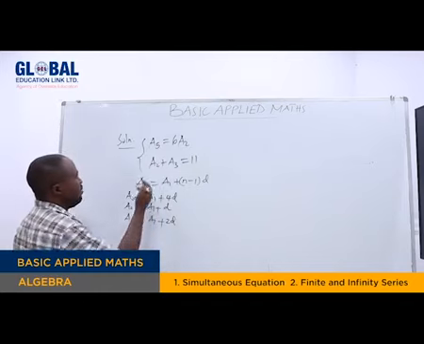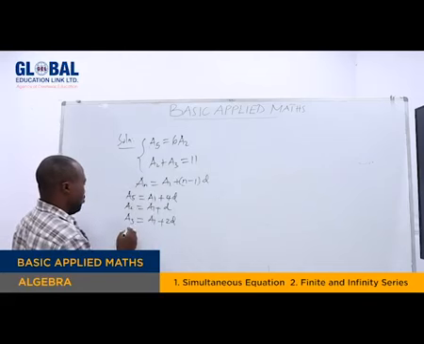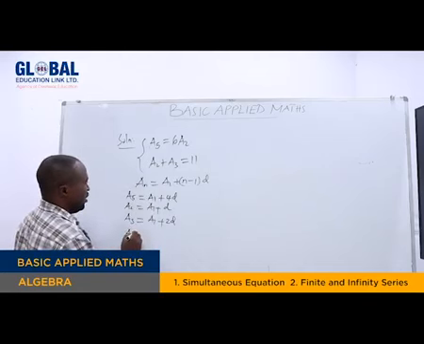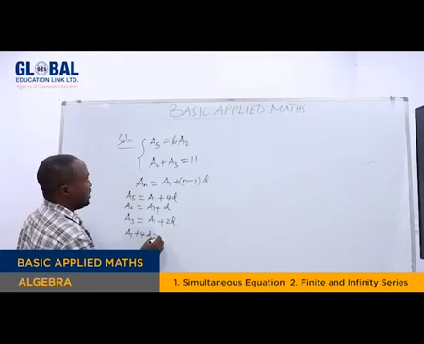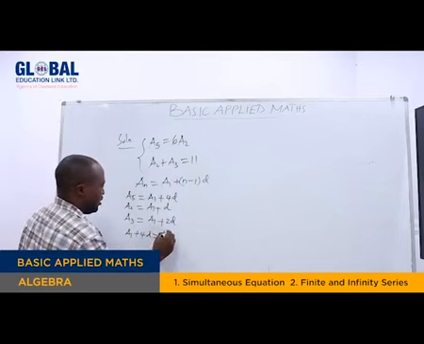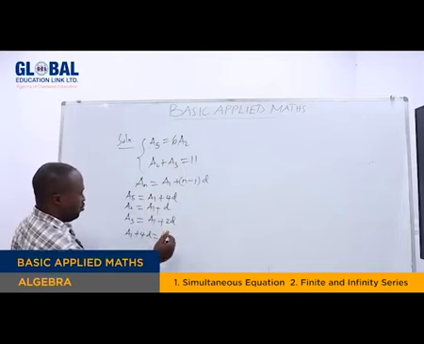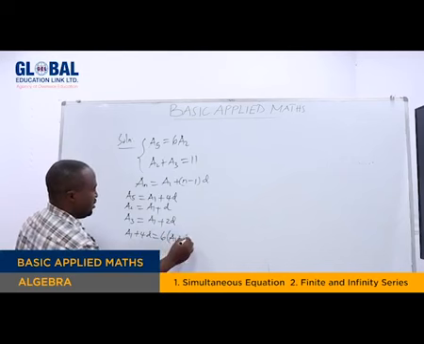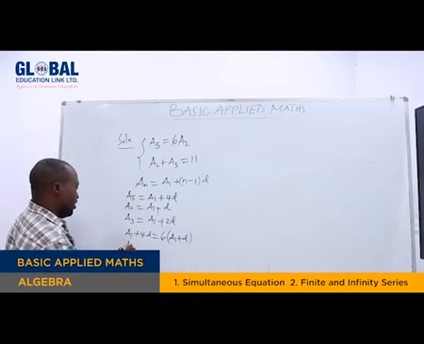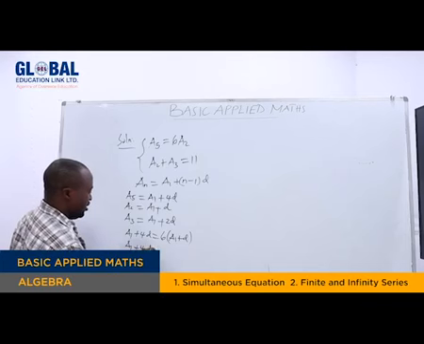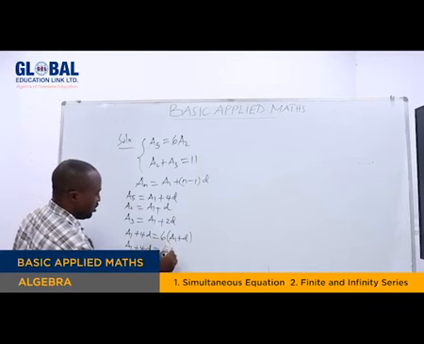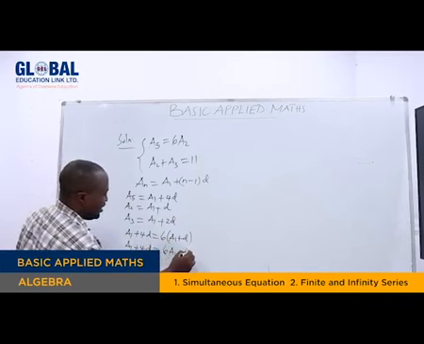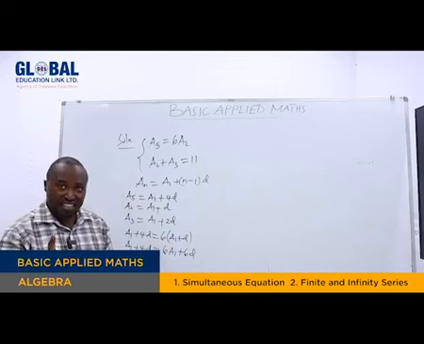So the first case will be a5, that is a1 plus 4d, that is equal to 6 times a2, but a2 is a1 plus d. That means you are going to have a1 plus 4d is equal to 6a1 plus 6d. So just collect like terms.